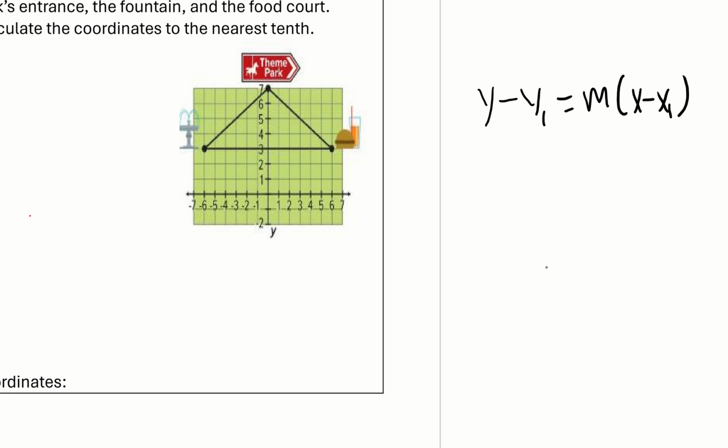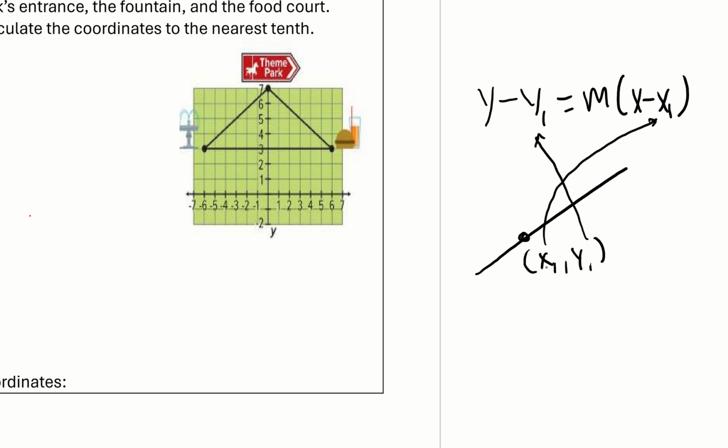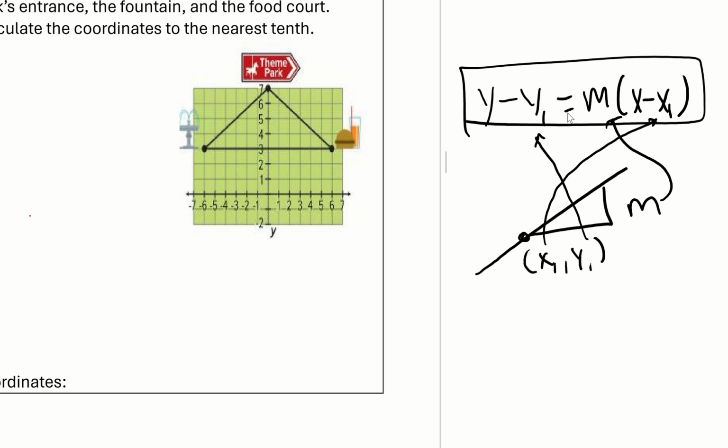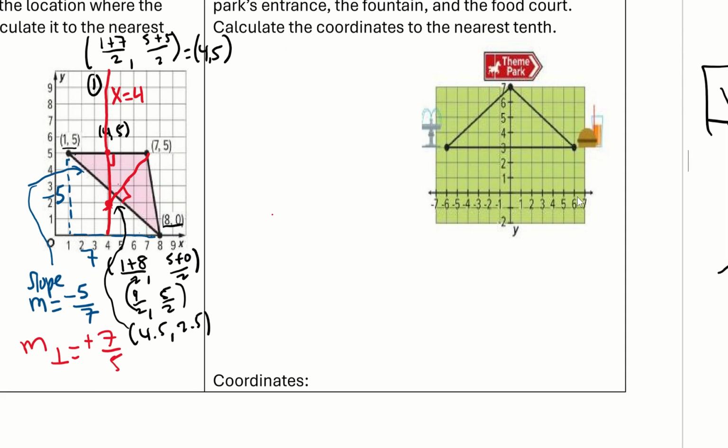That equation says that if you pick one point on that line and plug it in there, and you know the slope of the line, then you get your equation.